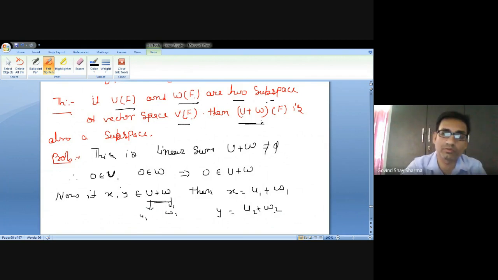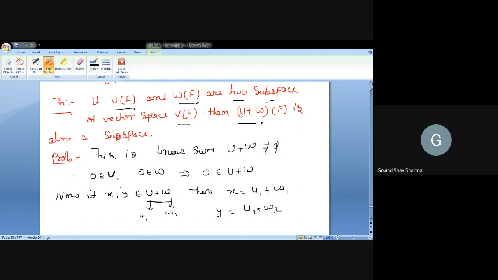So U plus W always has some element, it cannot be empty. 0 belongs to U and 0 belongs to W. So 0 is always an element of U plus W, because U and W are subspaces, and 0 must be in a subspace.